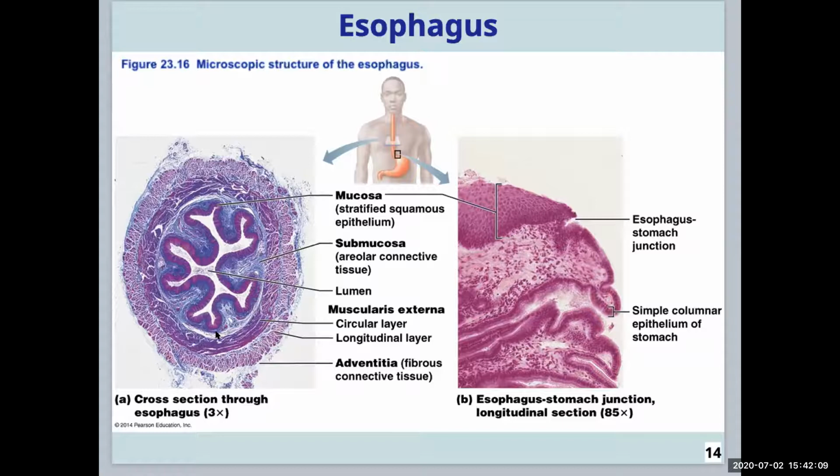It does not have any mechanical breakdown or digestive roles, so it doesn't secrete anything that helps with digestion. As you can see, it's got the muscularis externa, adventitia, mucosa, and submucosa, all these 4 layers that we commonly see in the other parts of the digestive tract as well.